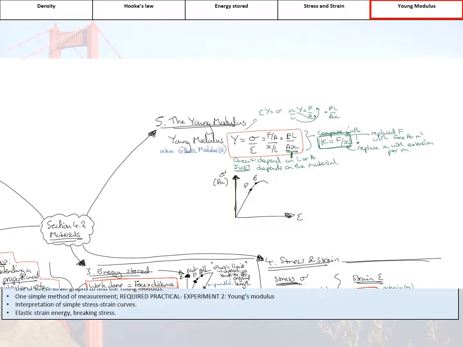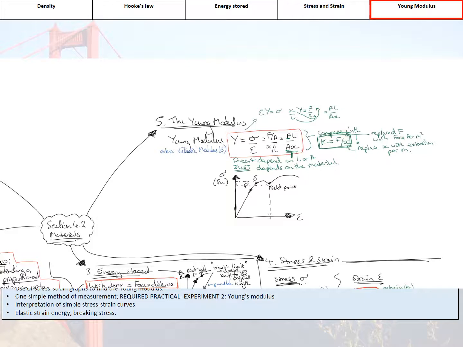And then, weirdly, you get some other point here called the yield point. And as you stretch a piece of, say, copper wire more and more and more, there's going to get a point where it gets weaker. And this is represented here by the fact that the stress, or the amount of force in a meter squared, decreases slightly, but you're still getting an extension.